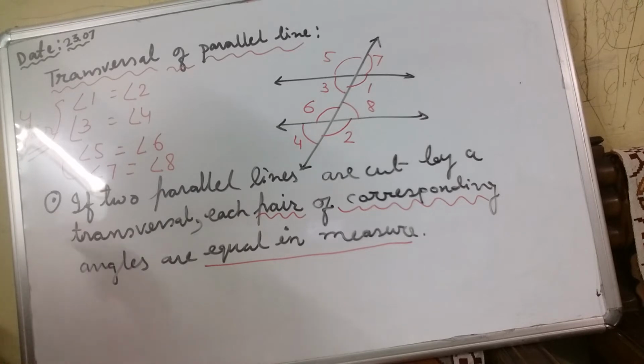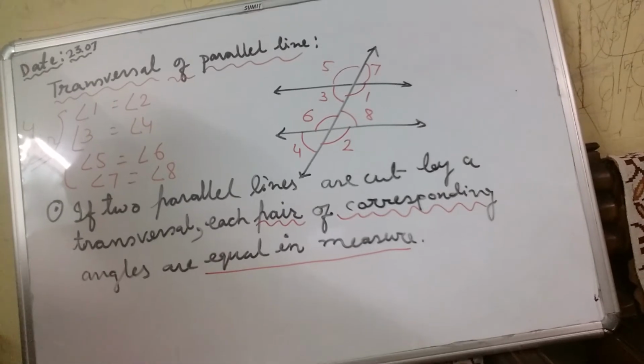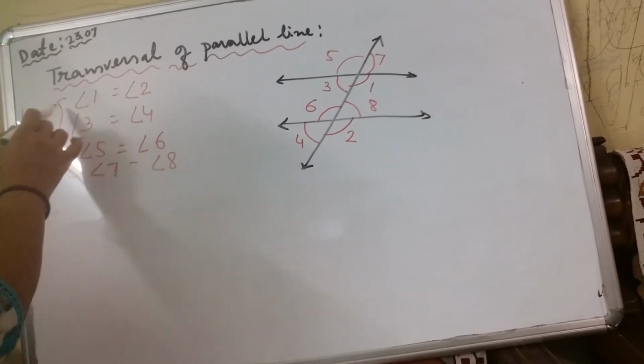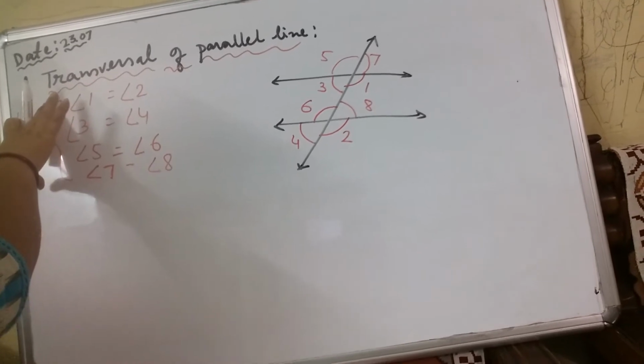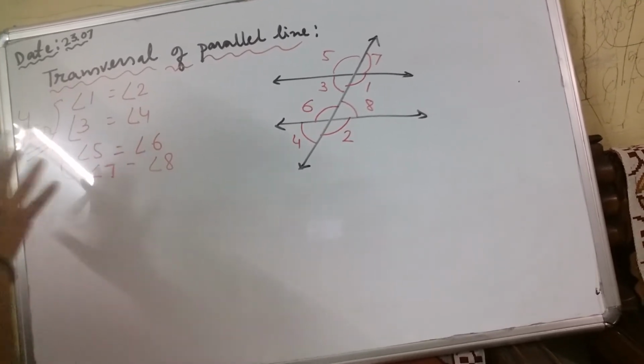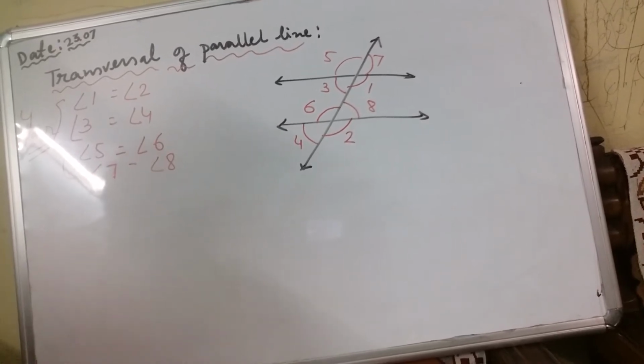Using this relationship, let's see what we get. We can see that these 4 pairs of corresponding angles are equal.